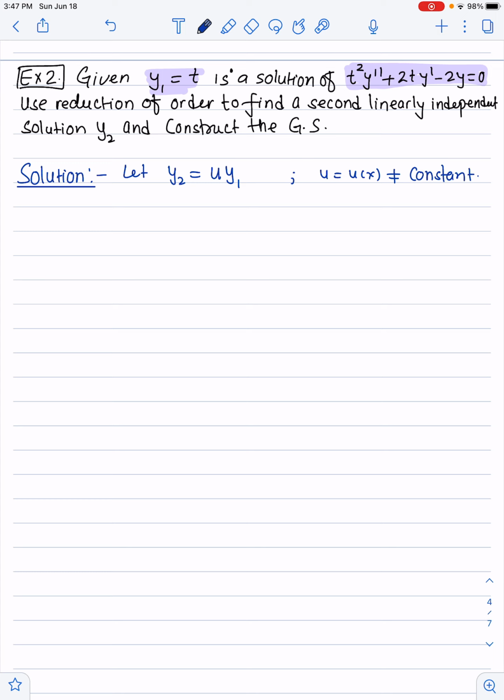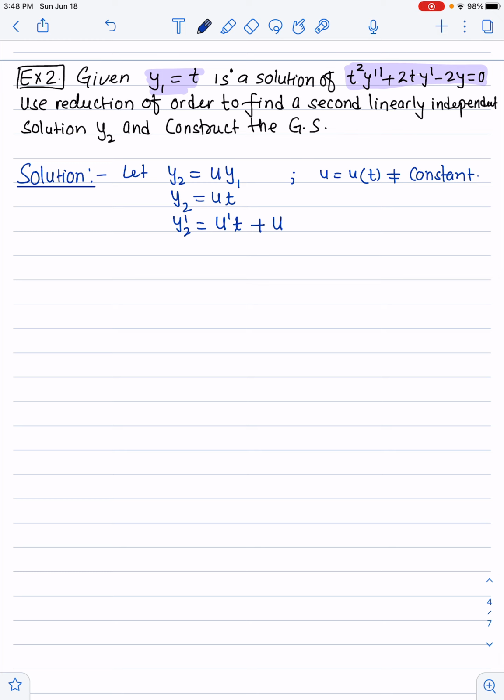and then I'm plugging in this value, y1 is t. So I'm going to find y2 prime: the derivative of the first, keep the second as constant, plus keep the first as constant, take the derivative of the second. Oh, I'm sorry, here it should be a function of t instead of x.